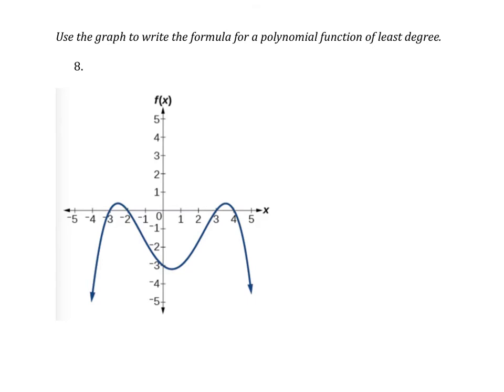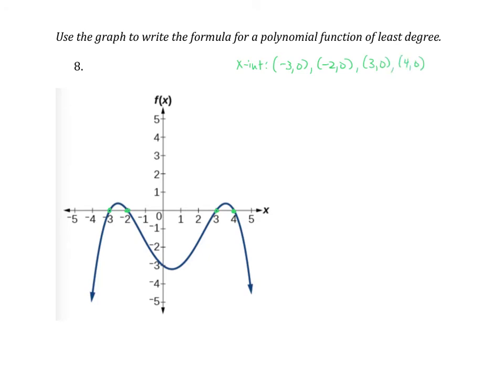So I can see those from here, right? Okay, so the x-intercepts are (-3, 0), (-2, 0), (3, 0), and (4, 0).